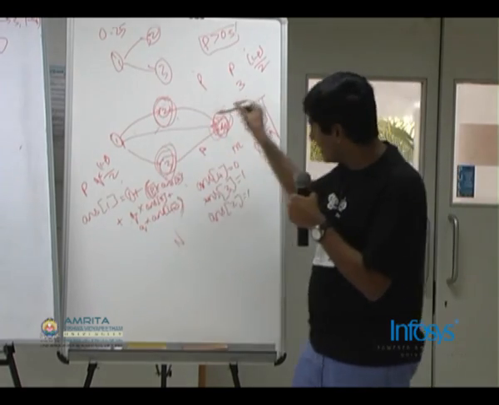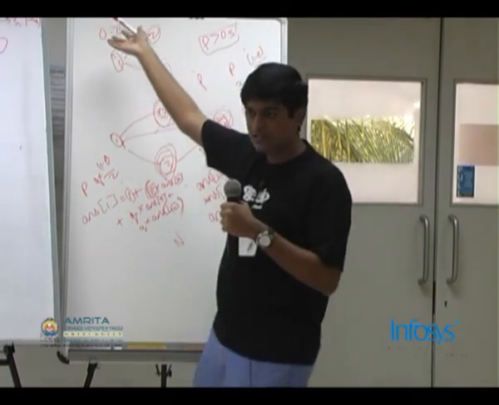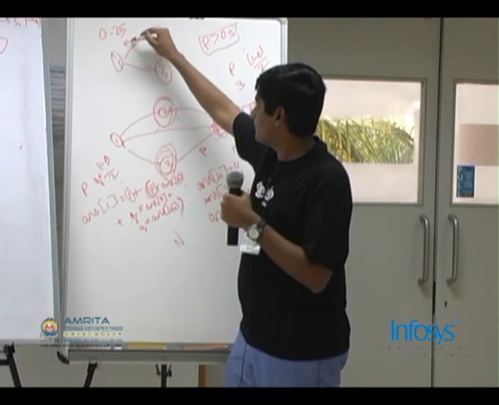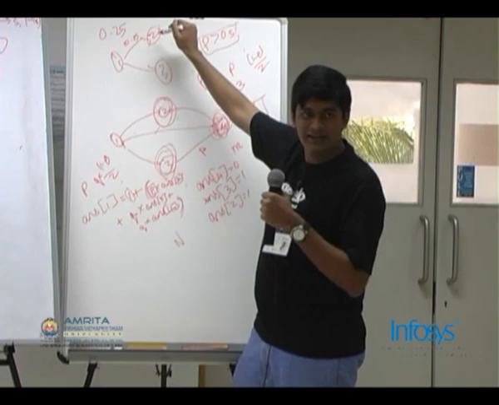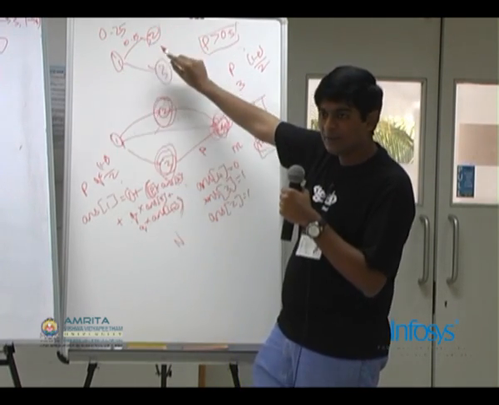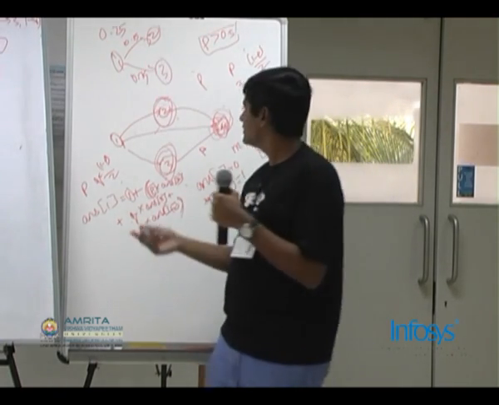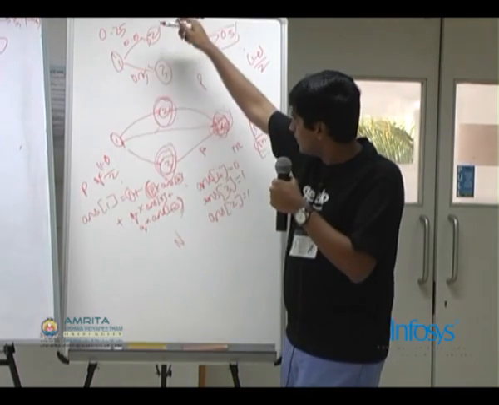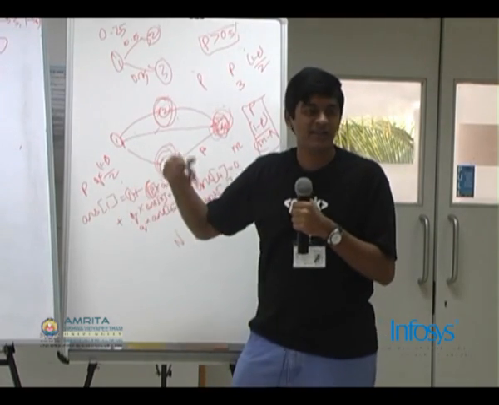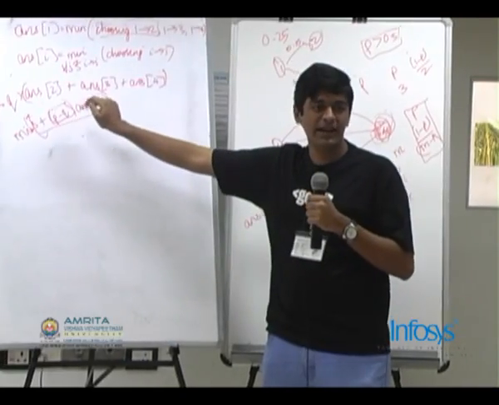But that minimum will hold only if P is greater than 0.5, because say if P is 0.25 and a node has only 2 edges out of it, and this has a lesser expected value than this, then the probability of going here will be 0.25 and the probability of going here will be 0.75, in which case you will choose the node with the maximum expected value as the edge you want to go rather than the minimum. But that will anyway be handled in this case because P minus Q will be negative in this case.